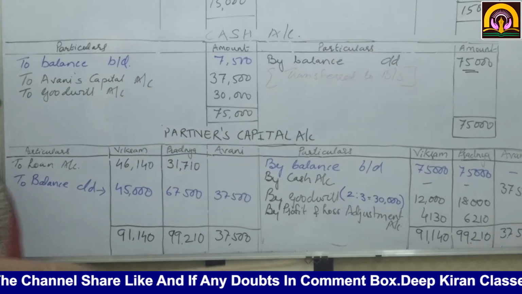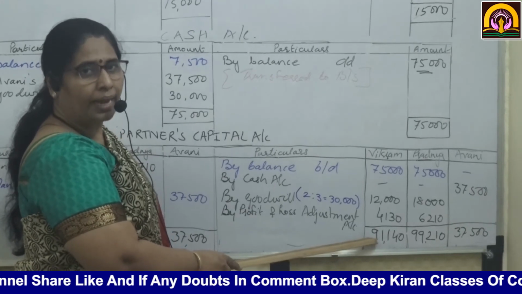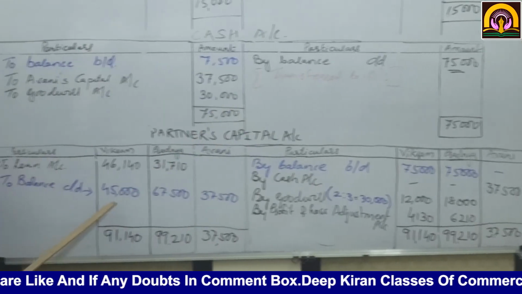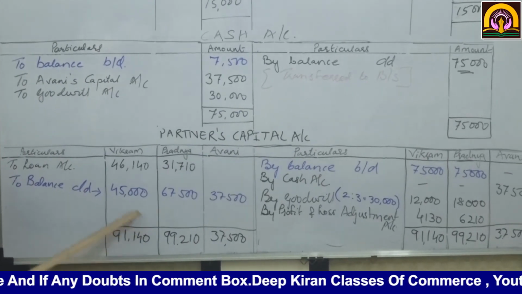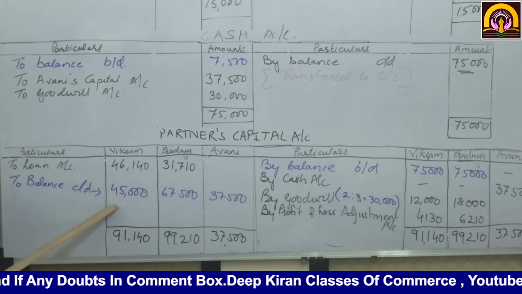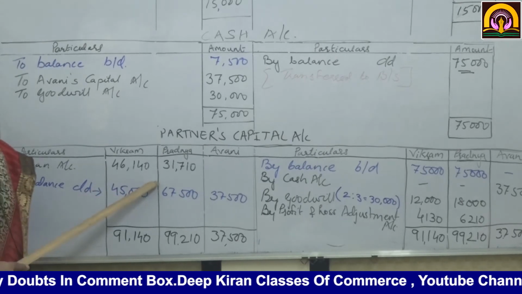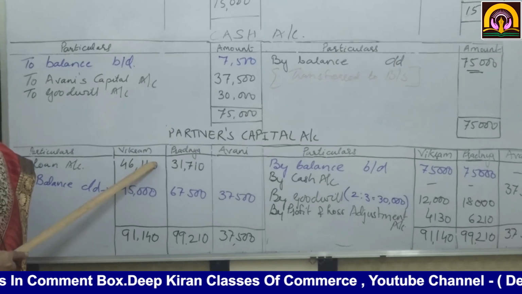Same way, Vikram's total on the credit side comes to 91,140 minus 45,000. Here also we are going to write the same total. So minus 45,000, remaining 46,140 will be the loan kept by Vikram in the firm.